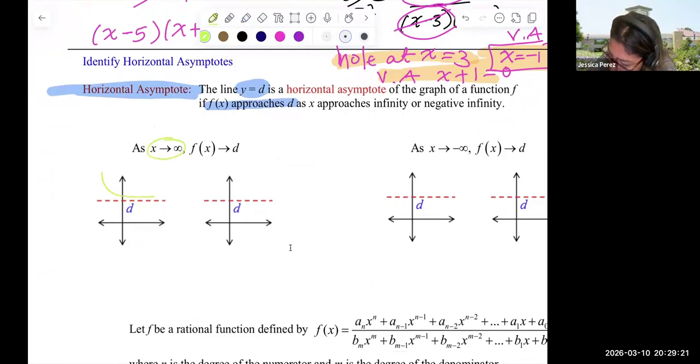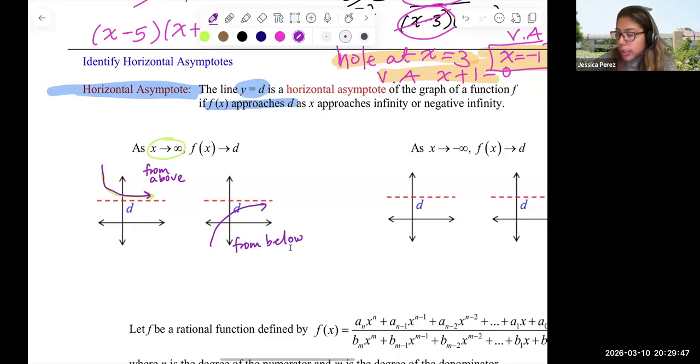That looks like this, because x is approaching positive infinity and the y value is approaching a value d. So it could come from above or from below, but it's still approaching the same value d.